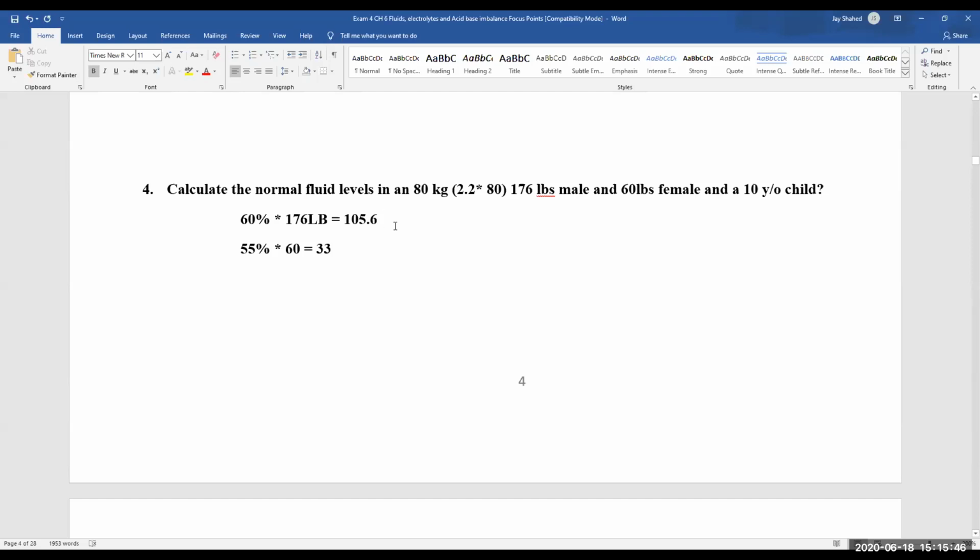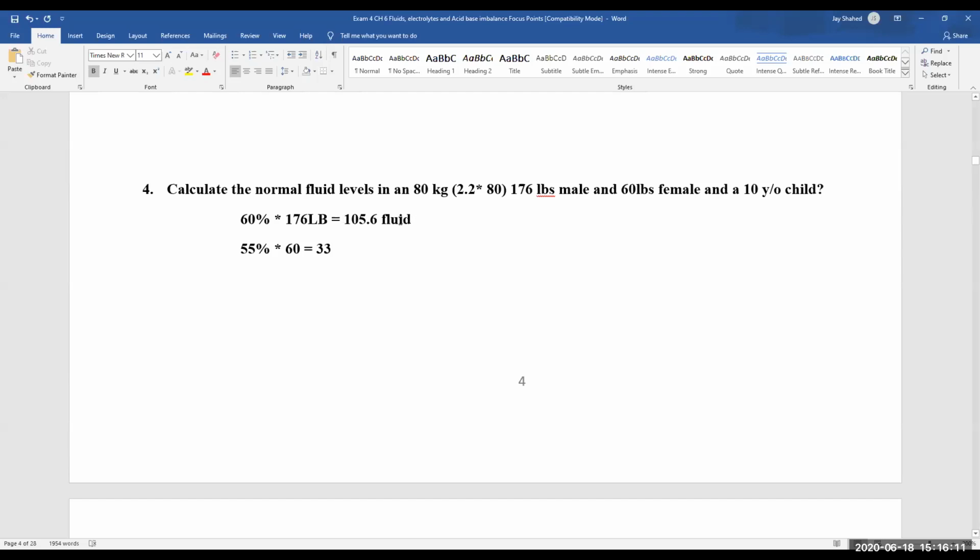So it's 105.6 pounds. Okay, pounds. So this is how much of his weight is fluid. But isn't fluid in liters? 105 out of the 176 is water. It's fluid. 105 pounds is fluid.